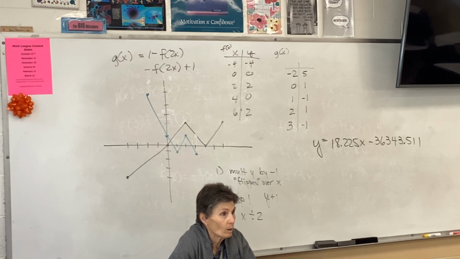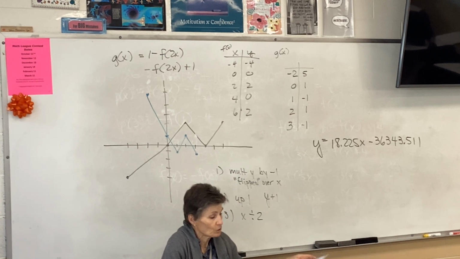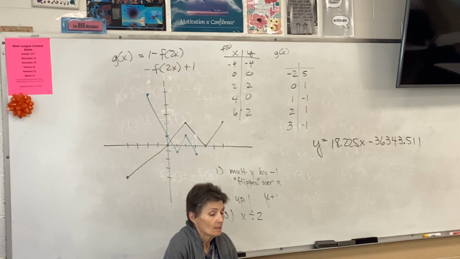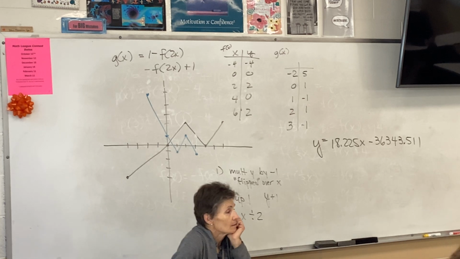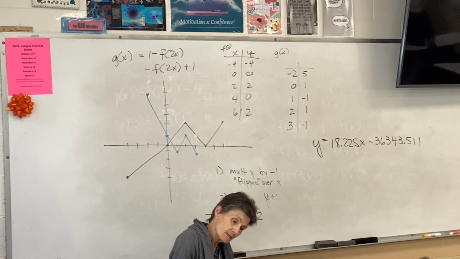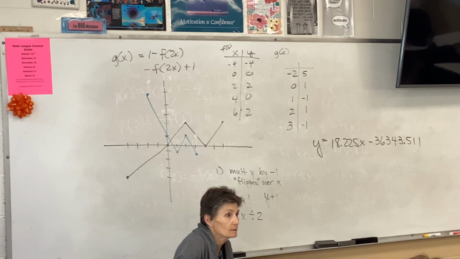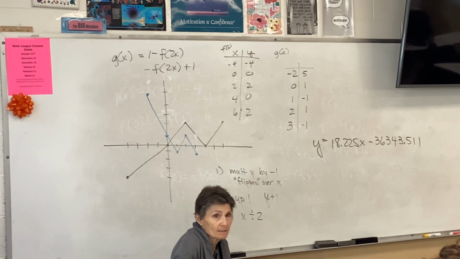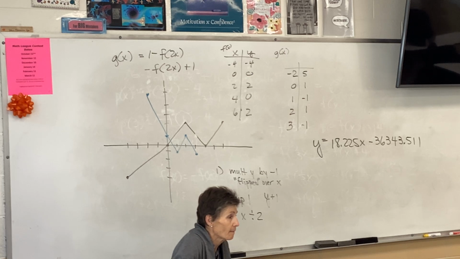Negative 2.139. What does that mean? Our model overestimated the number of subscribers in 2002 by about 2 million. You hear that? Our model overestimated the number of subscribers by about 2 million.